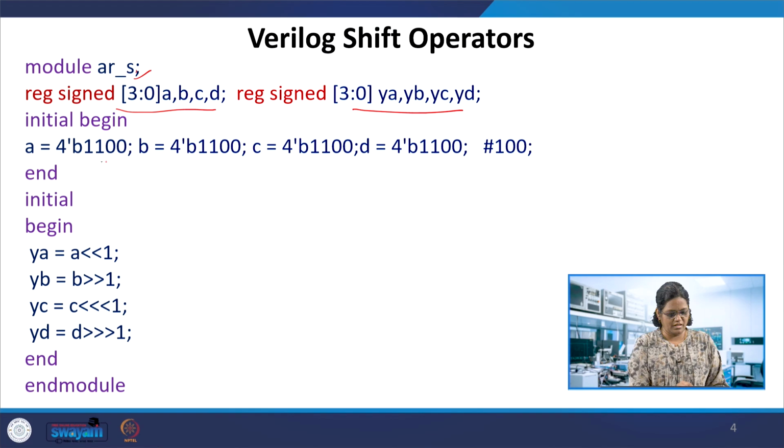Just assign the number 1100, that is -4, to see the result, wait for 100 nanoseconds and then end. Y is left shift, YA and YB are right shift, the same number is given everywhere, C is arithmetic left shift, and D is arithmetic right shift.